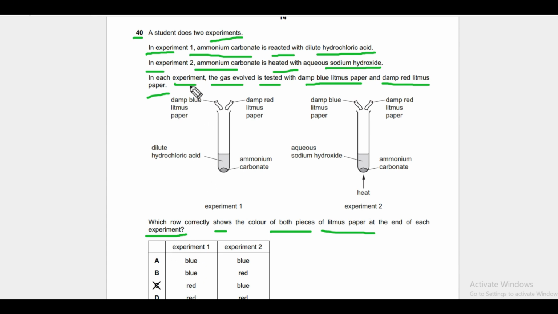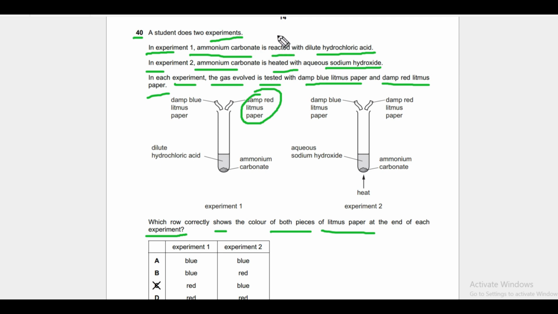Experiment 1. So, if you add hydrochloric acid to ammonium carbonate, the acid turns blue litmus red, but damp red litmus paper will remain the same because there is no alkali formed here.